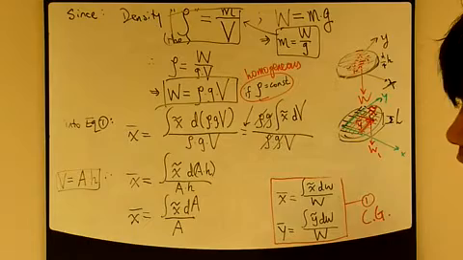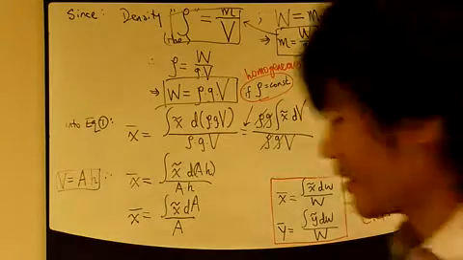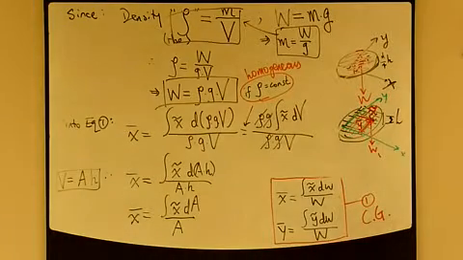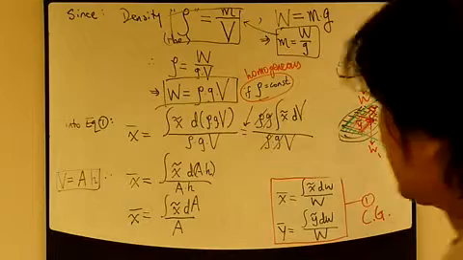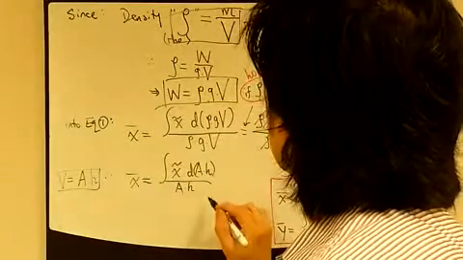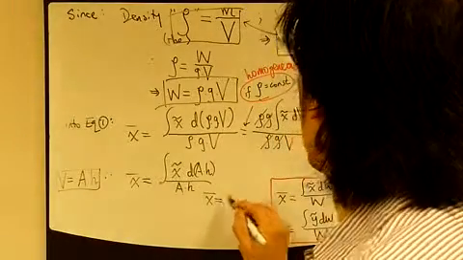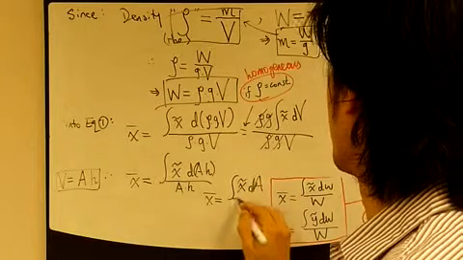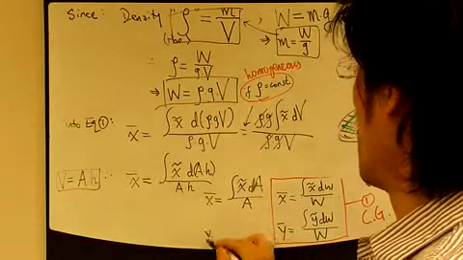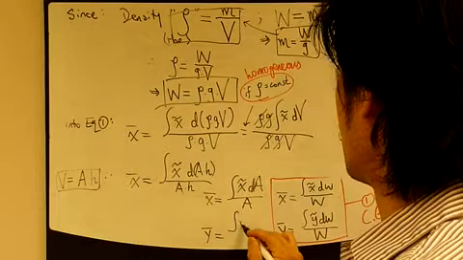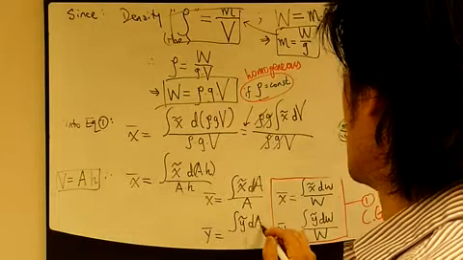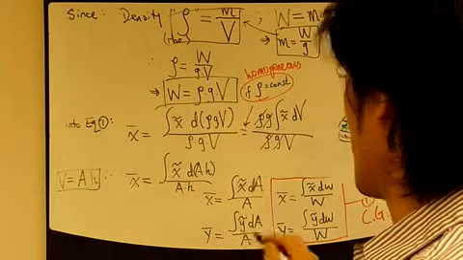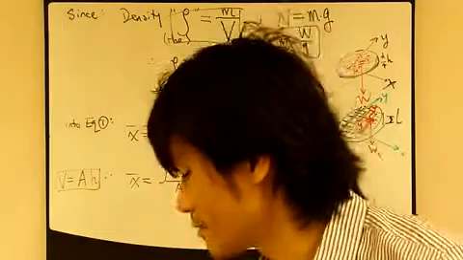And you can do the same for y. The y coordinate is exactly the same. Therefore, let me write this closer to this a little bit. So x bar equals the integral of x tilde dA divided by area, and y bar equals the integral of y tilde dA divided by A. That's it.